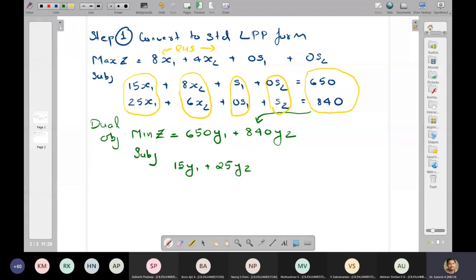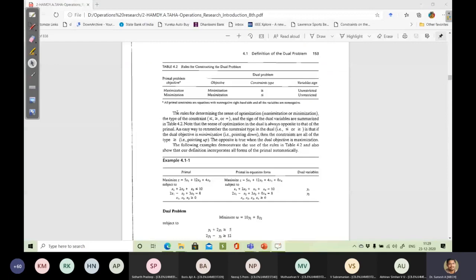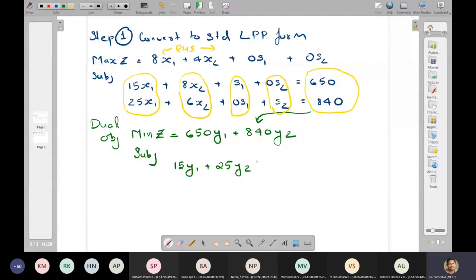If the primal objective is maximization, the dual objective is minimization, and the constraint type is greater than or equal to. So 15y1 plus 25y2 greater than or equal to 8, the first RHS term.